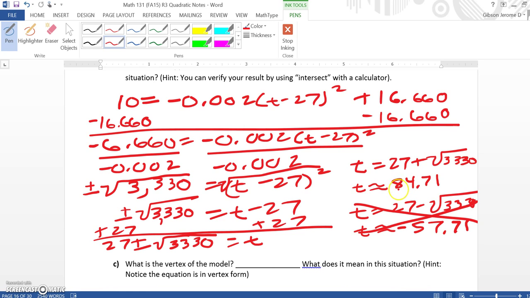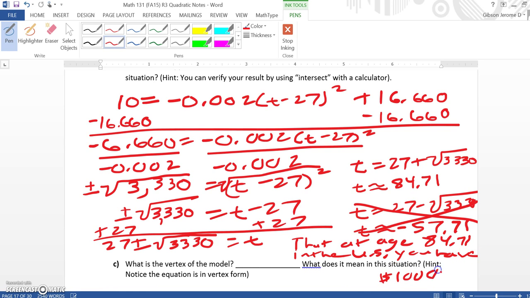Now, what this states is that at age 84.71 in the U.S., you have $10,000 in debt. So that's what that means.